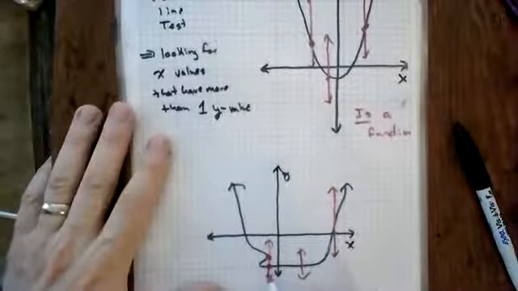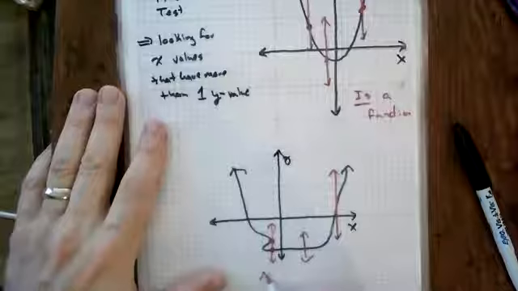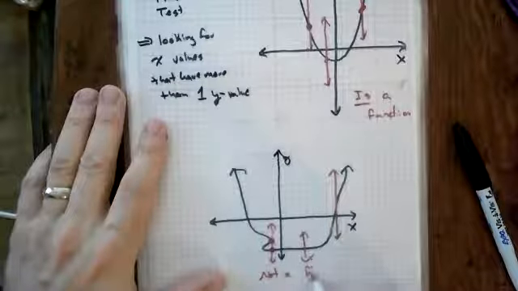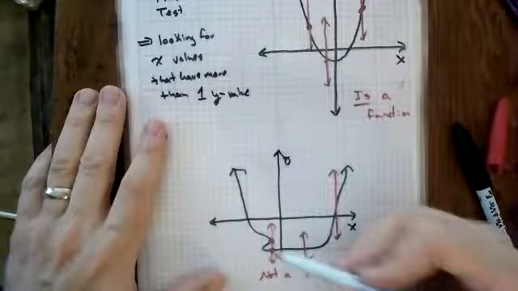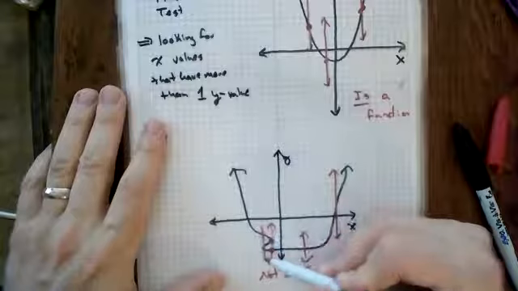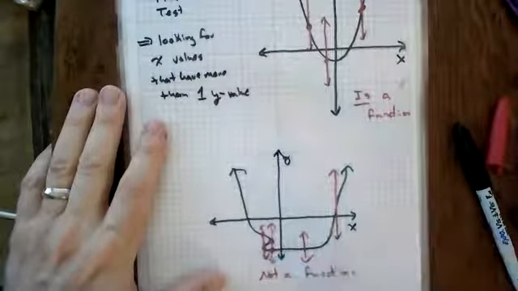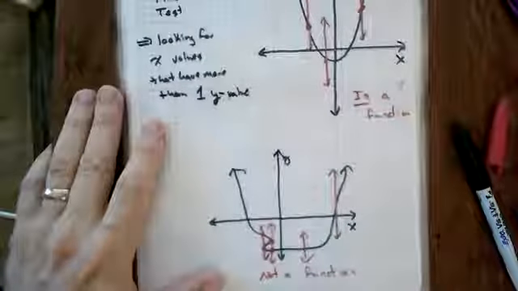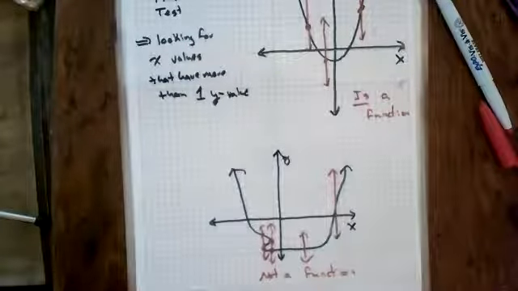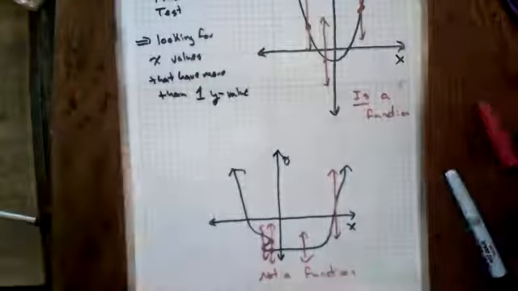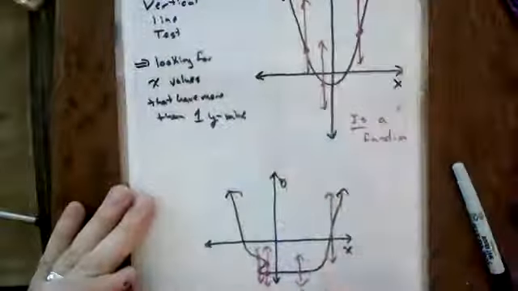Because it touches two places right here, this is automatically not a function. And you're going to see some examples where it might cross 2 or 3 times. Here it crosses 3 times for a single line. Not a function. And this is the basics of the vertical line test and the difference between functions and other types of relations.